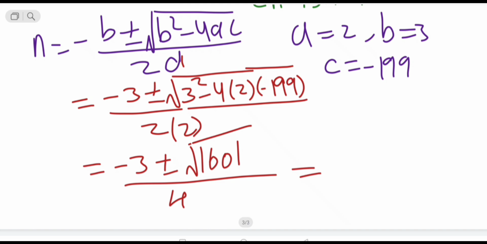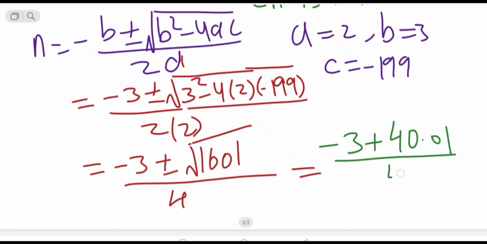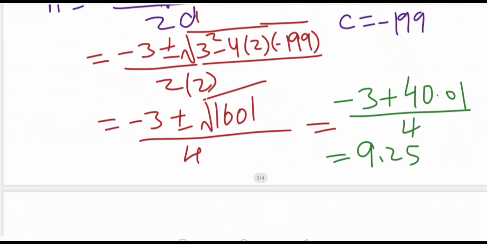So it is minus 3 plus 40.01 over 4, the square root of 1601 being 40.01. After dividing this, it is equal to 9.25, so this is almost 9.